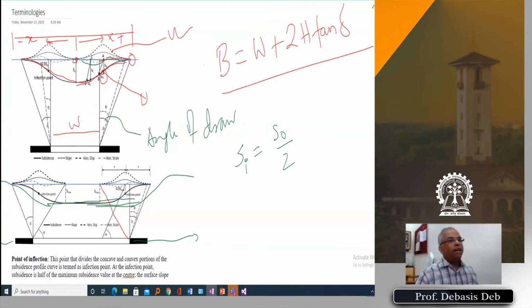Both sides you add H tan delta, so the width of the basin is the width of the panel plus 2H tan delta.